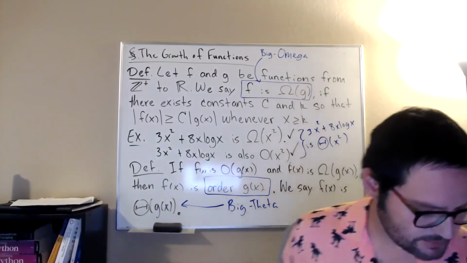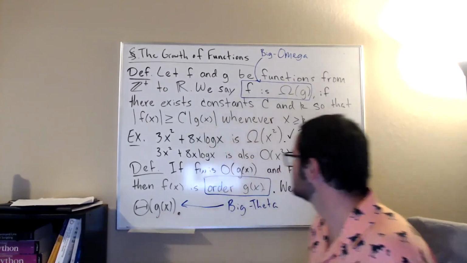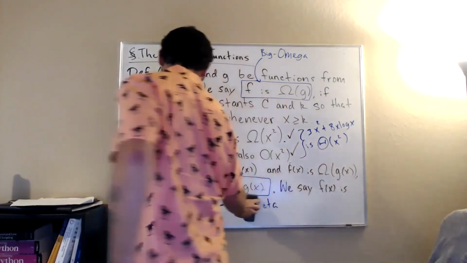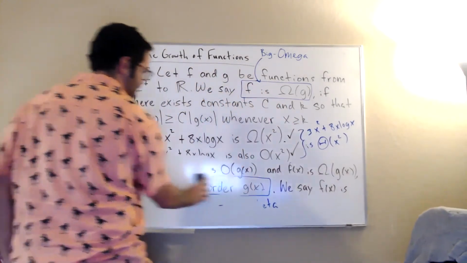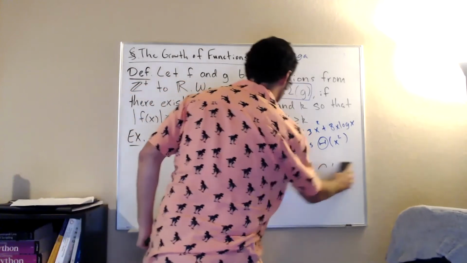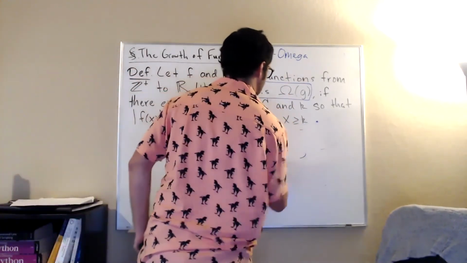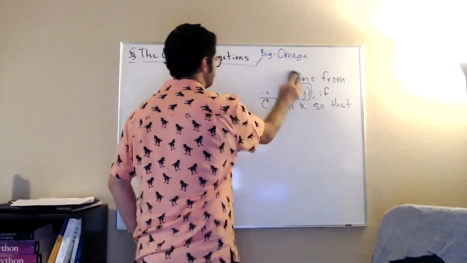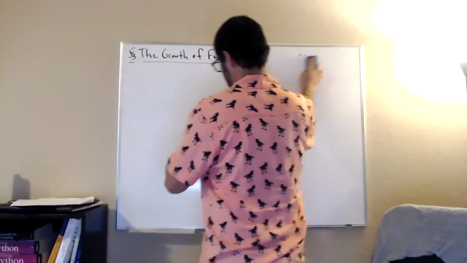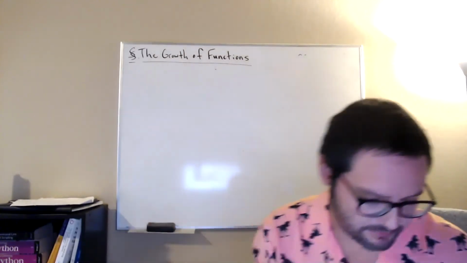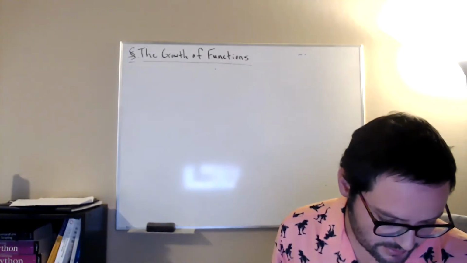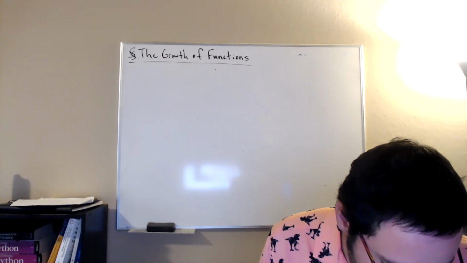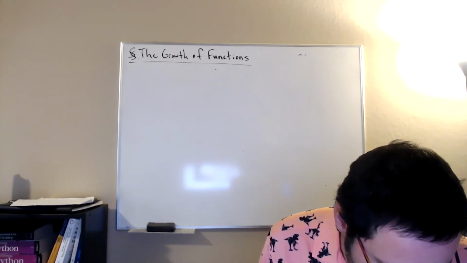Okay. So let's look at some other examples of big theta and big omega and big O. I'm just going to pick random examples from the Rosen textbook.